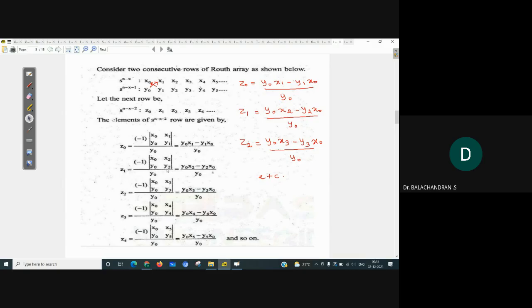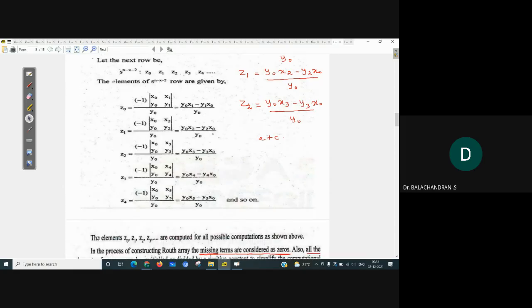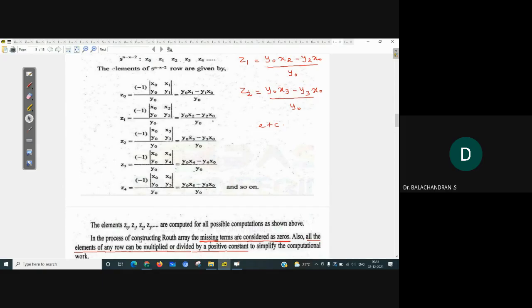Similarly z1: expand this determinant and then multiply by minus 1. So this is the procedure to find z0, z1, z2, z3, z4. The elements are computed for all possible computations as shown above. In the process of constructing the Routh array, the missing terms are considered as 0.